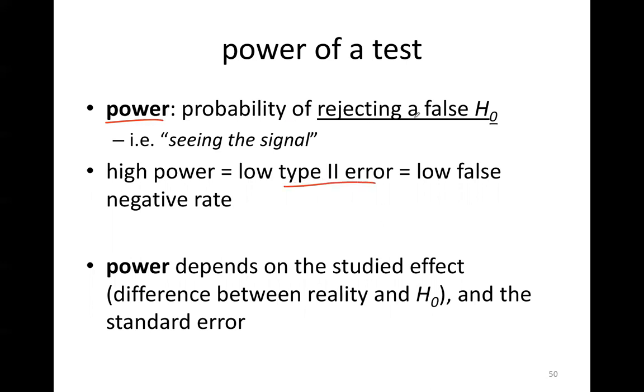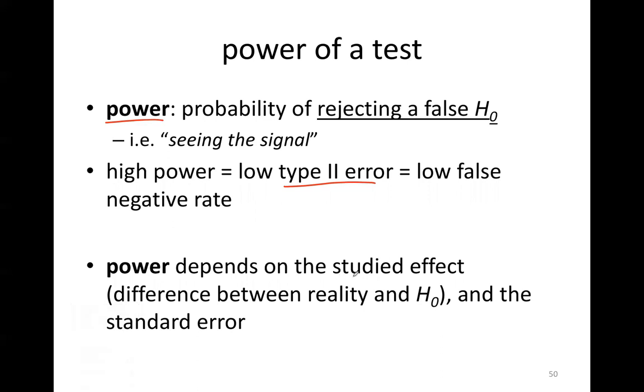So it is 1 minus the probability of not rejecting a false null hypothesis, which is type 2 error. High power means low type 2 error, low false negative rate, and power depends on two things.